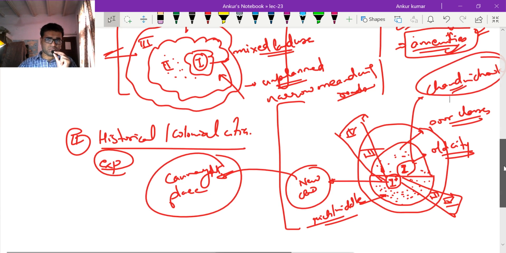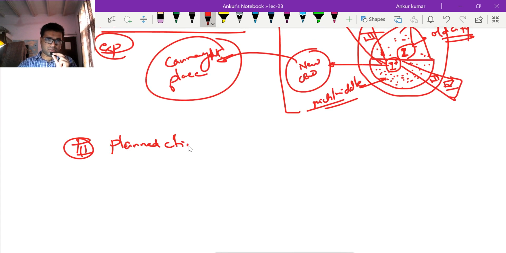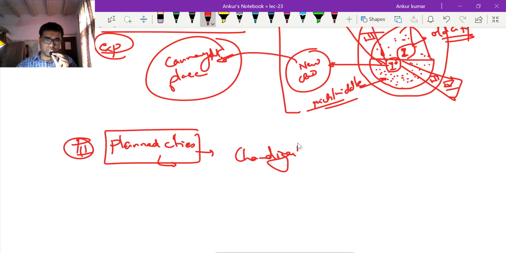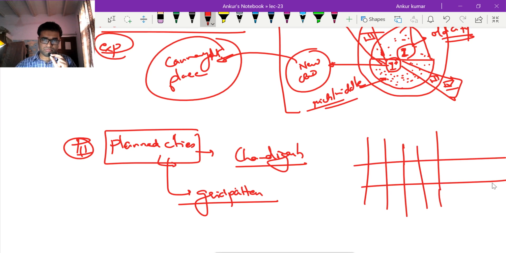Then the third model of the cities present in India is the planned city. An example of the planned city is Chandigarh. These new cities are based on a grid pattern, and multiple nuclei were formed in them, which were basically separate sectors.